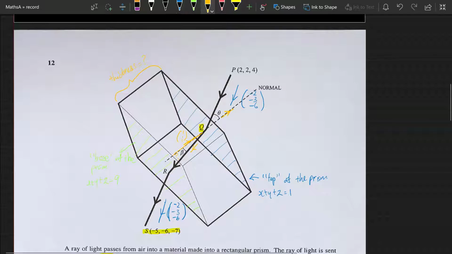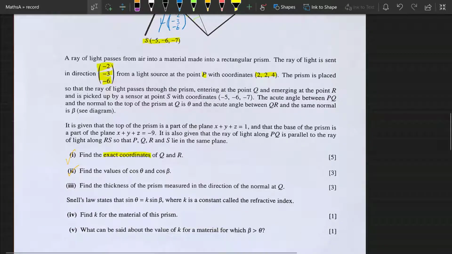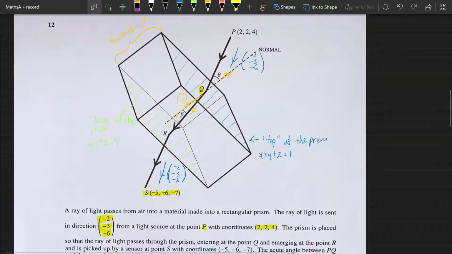So you see, this thickness thing is disguised in a way that you need to understand what they're asking you. When you learn in school, in your JCs and MI, they'll tell you, length of projection of vector A onto vector B. But this question doesn't say that. They tell you to find the thickness of the prism. So you need to see, okay, this is something I know.